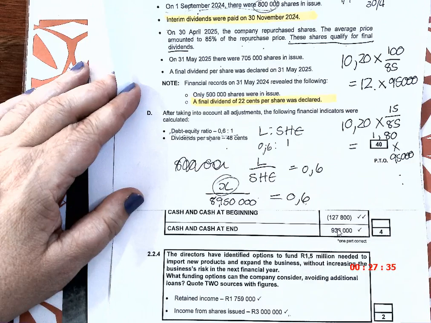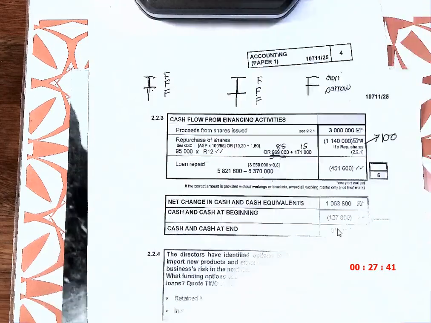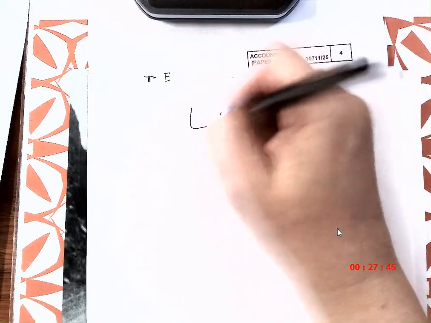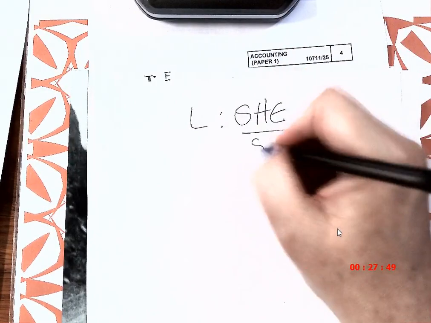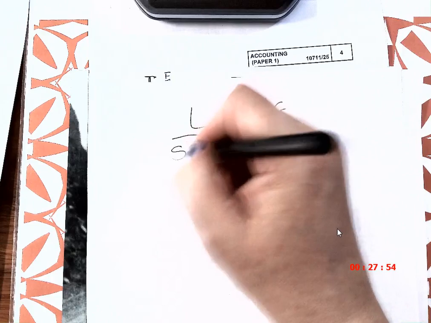Does that make sense? So when I must do that calculation, if I have loan to SHE, I'm just going to divide SHE by itself to get the 1, and I'm going to divide the loan by SHE to get the 0.6.